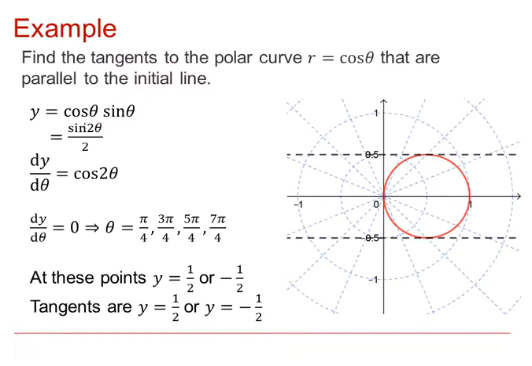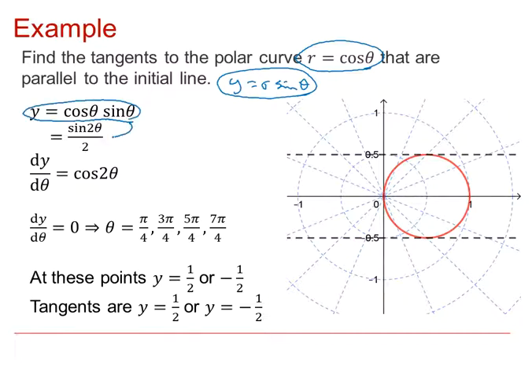So things to look out for with these parallel tangents is to use r equals cos theta and y equals r sine theta, and together they give you y as a function of theta. That clever little use of the double angle formula makes it much easier to differentiate, and we need to pick out all the values of theta between 0 and 2 pi.